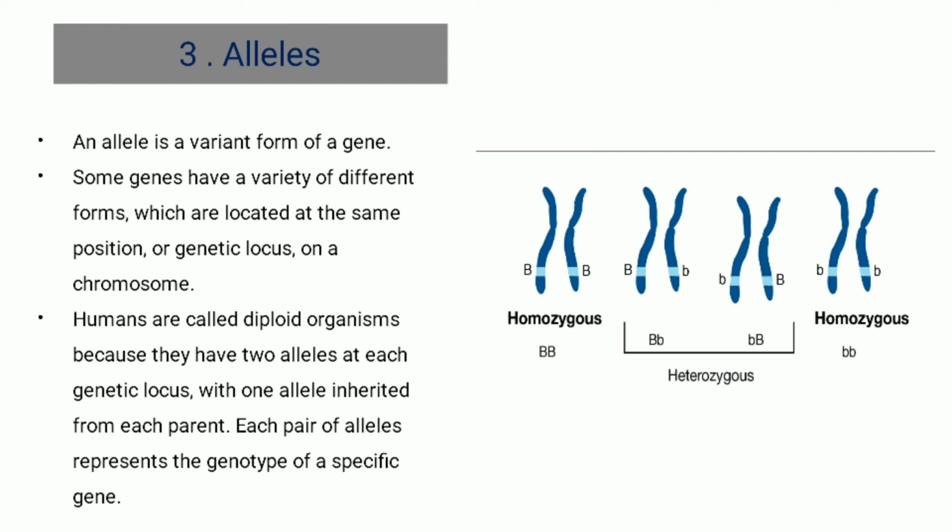The homozygous condition of a dominant allele, that is capital B and capital B. The homozygous condition of a recessive allele, like small b. And we also observe the heterozygous condition of capital B and small b. The dominant alleles are always represented by using uppercase letters, and the recessive alleles are represented by using lowercase letters.